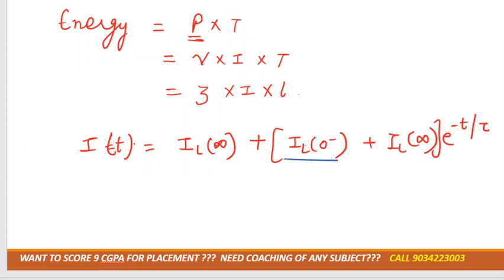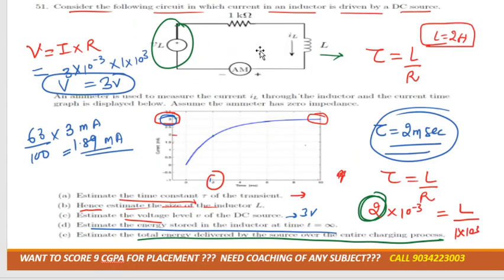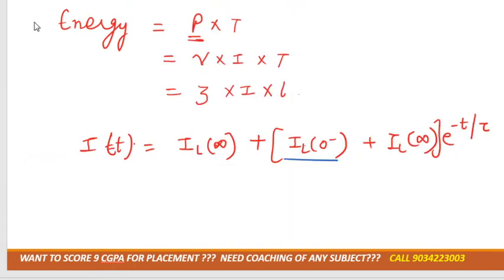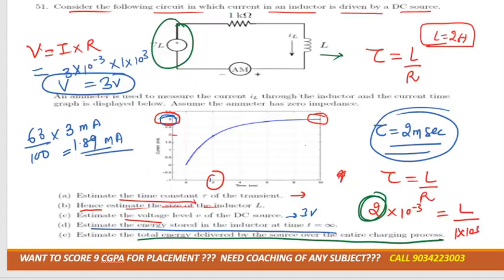IL of 0 minus is how much for this particular case? It would be 0 only. And IL of infinity is how much? V over R. Voltage we have calculated earlier.